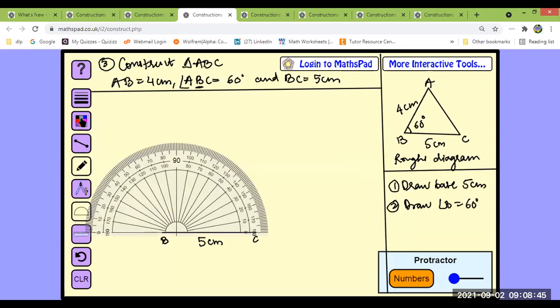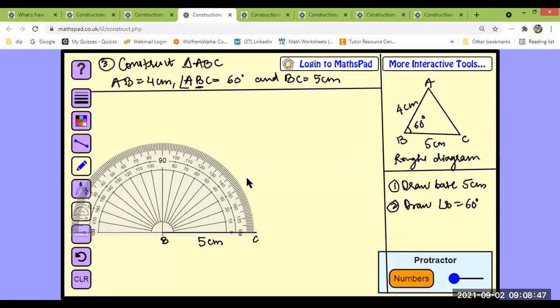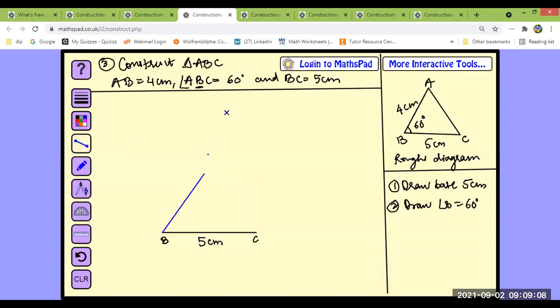And now using protractor, we are going to mark 60 degrees. So we go with the inner marking, that is 0, 10, 20 like this, and there's this 60. So mark a point at 60 degrees and then join and extend, right? So here we are going to join and extend.